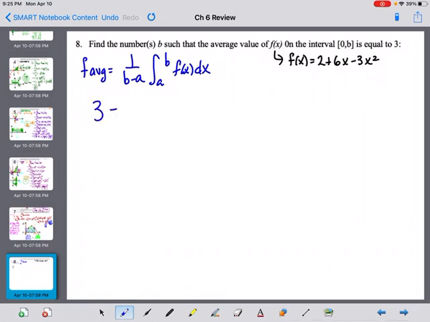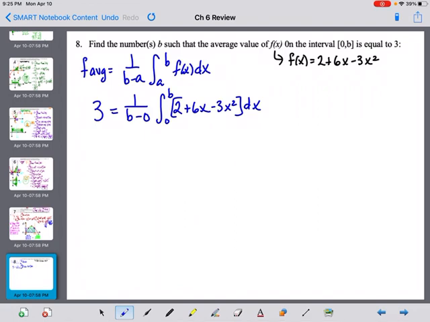So f average is equal to 3, and it's going to be 1 over b minus 0 times the integral from 0 to b of 2 plus 6x minus 3x squared dx.